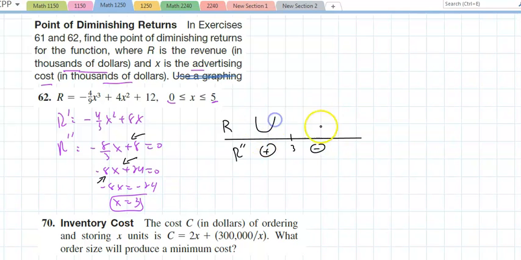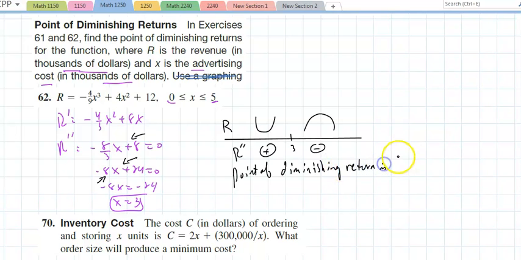This graph was concaving up, now it's concaving down. So the point of diminishing return is 3, and if I take negative 4, actually we have a calculator, right?